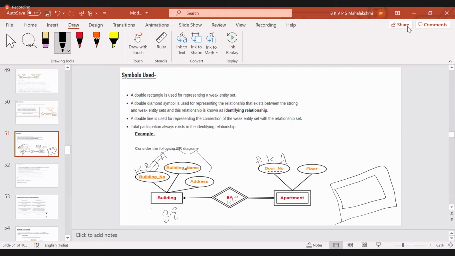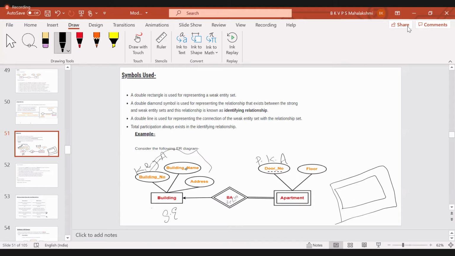But here you may have a doubt, ma'am: we have kept two lines from apartment to BA, so why didn't we keep two lines from building to BA? Because it is a strong entity, it is your wish to put a single line or a double line. It doesn't matter.